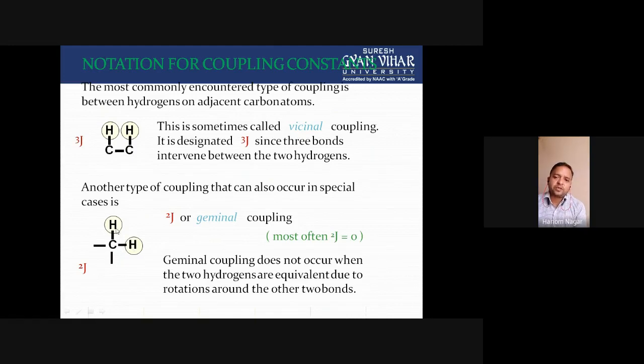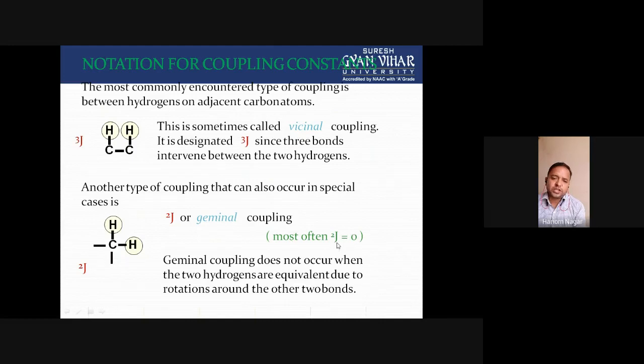There is repulsion between the bond pair electrons, between these two protons present in the same plane at a 0 degree angle. If this is the condition, then the geminal coupling is very low.